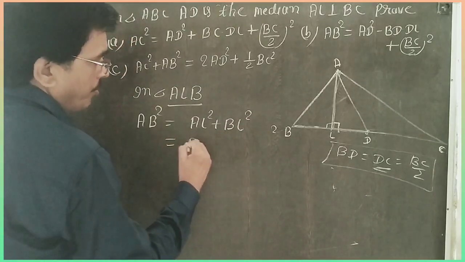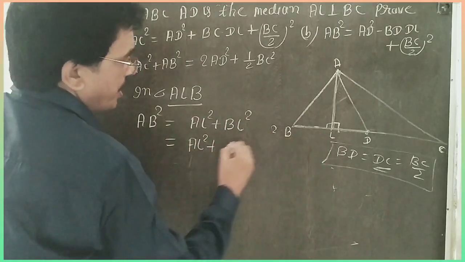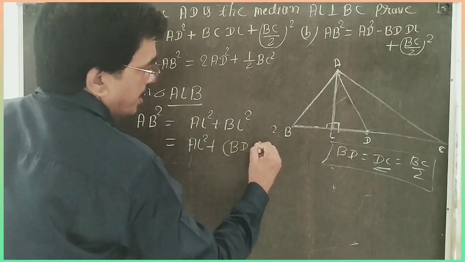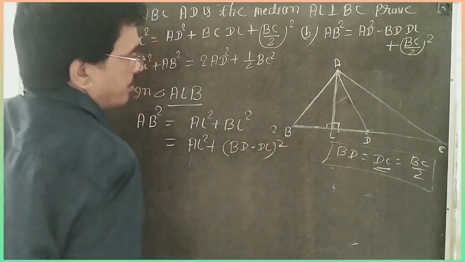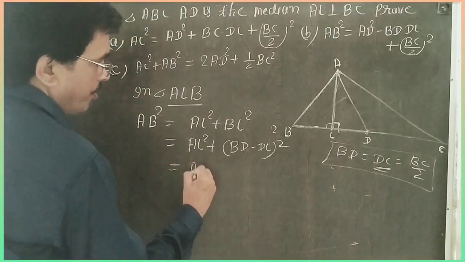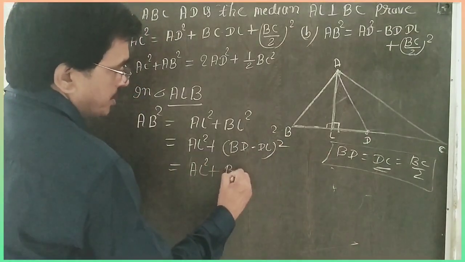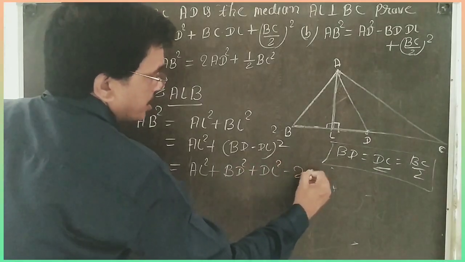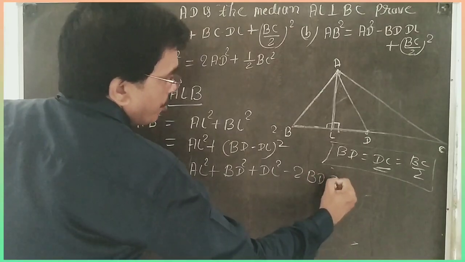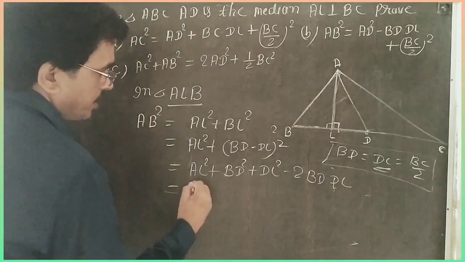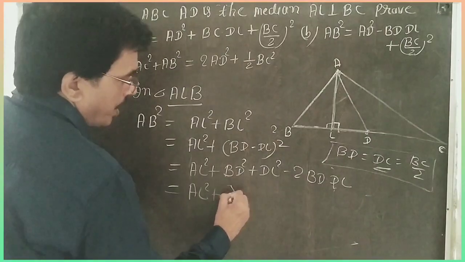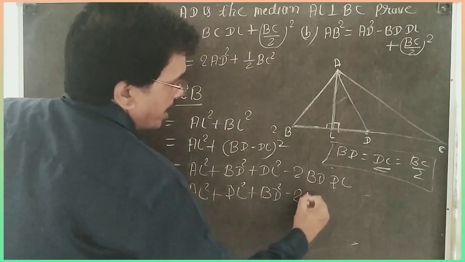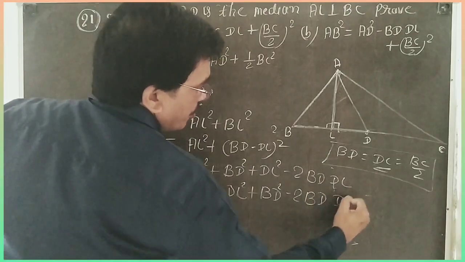Then it is equal to AL square plus, this BL you can write BD minus DL, whole square. It is equal to AL square plus BD square plus DL square minus 2 BD into DL.